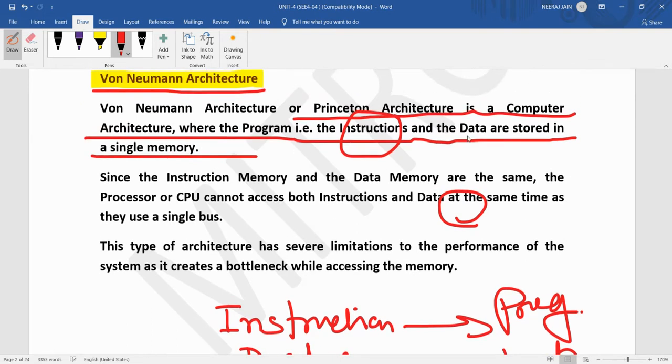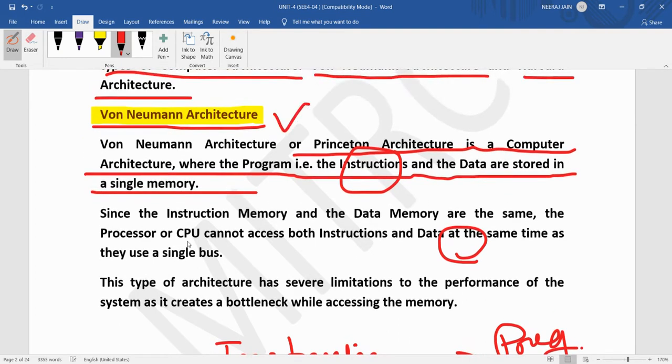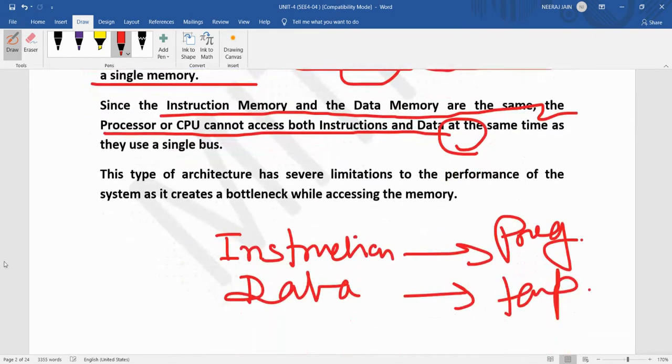In such an architecture, the program instructions and data are stored in a single memory. Since the instruction memory and the data memory are the same, the processor or CPU cannot access both things at the same time.